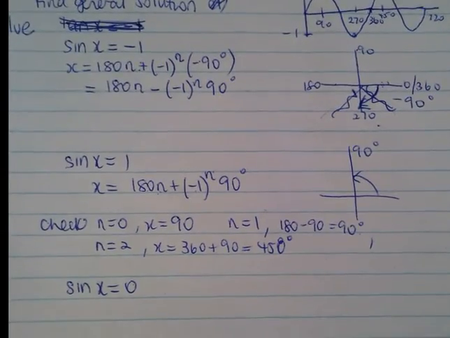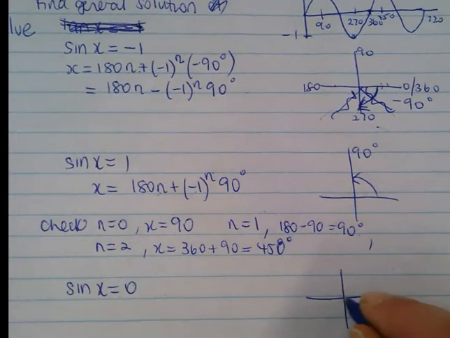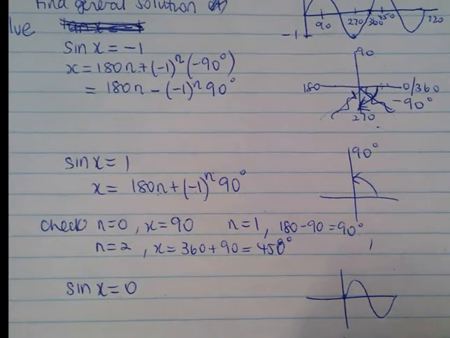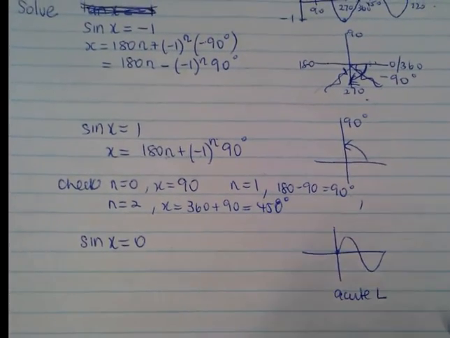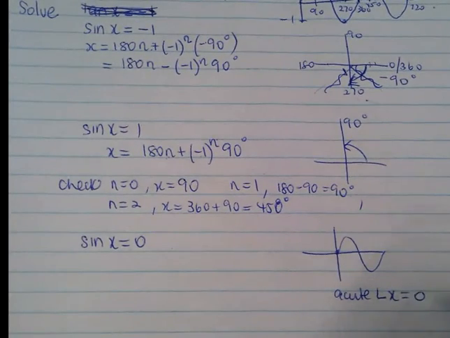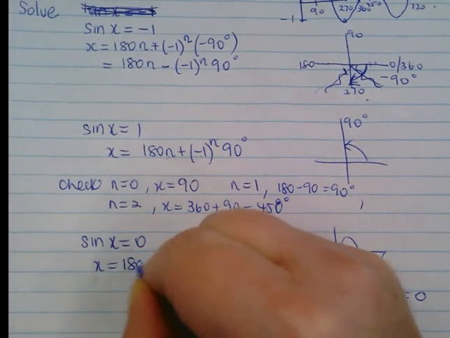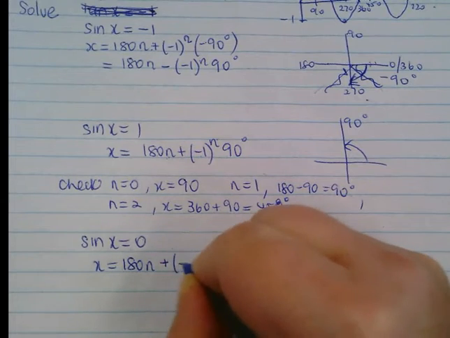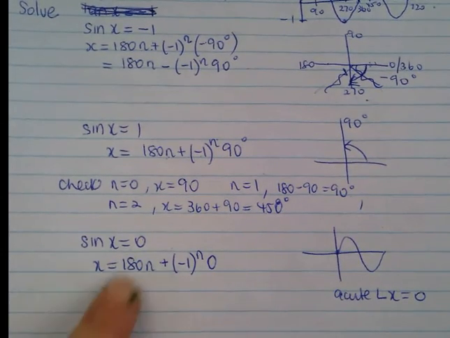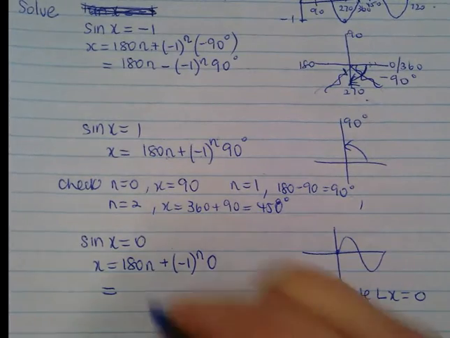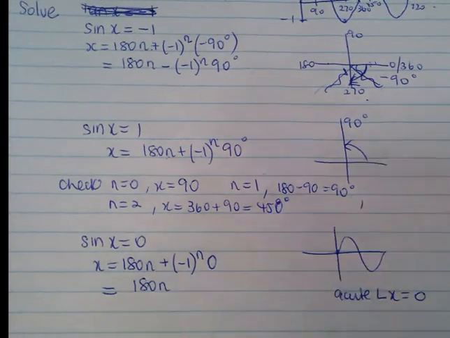The last one is when sine x is 0. Here's my sine curve. What's my acute angle for sine x is 0? Acute angle x is 0. So x is 180n plus (-1)^n times 0. Are we okay? Because that's the formula for the general solution for sine x is 0, which is just 180n.